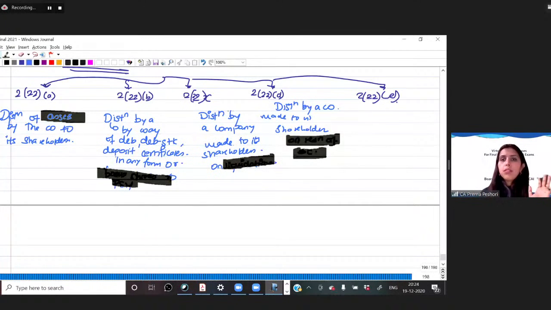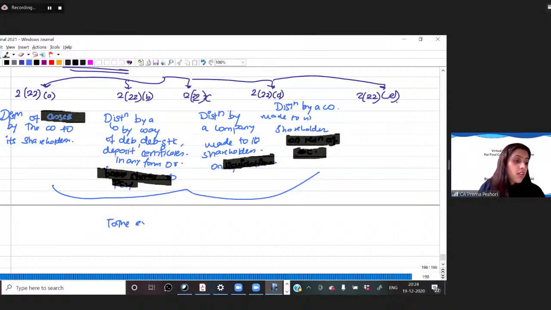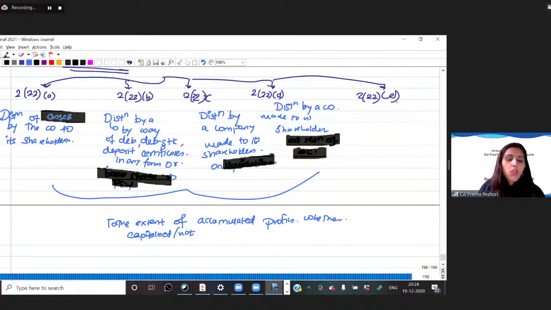222D. Distribution by a company made to the shareholder on reduction of share capital. Now all of these are to the extent of accumulated profits, whether capitalized or not.